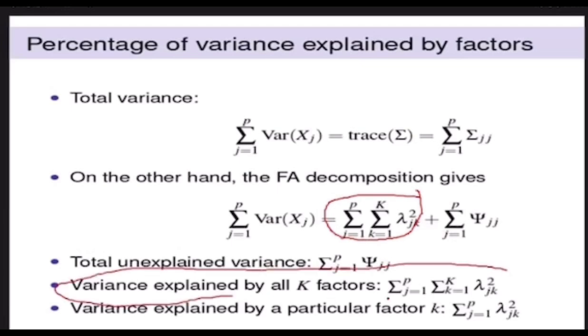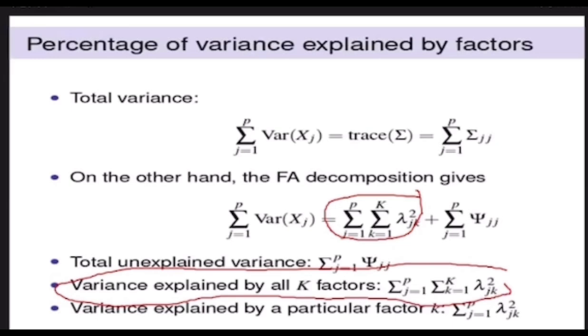You see that? Explained by the k factors. And let me tell you this: if the number of features is p, and the number of factors is k, that k should be less than p. Does that make sense? Okay.